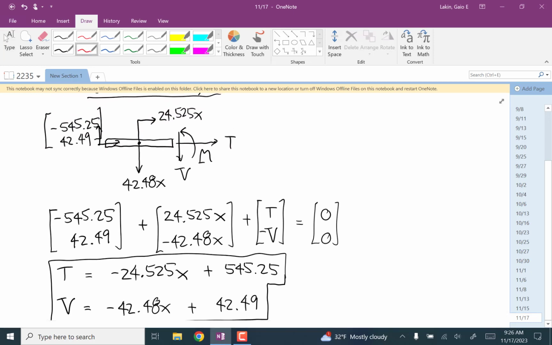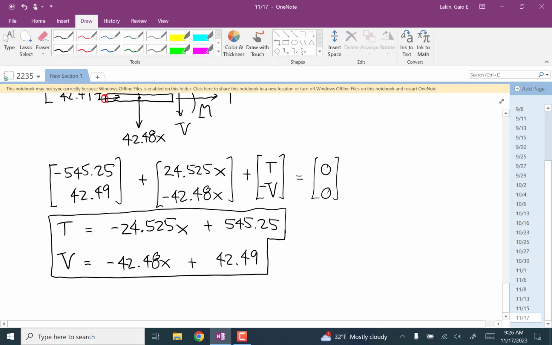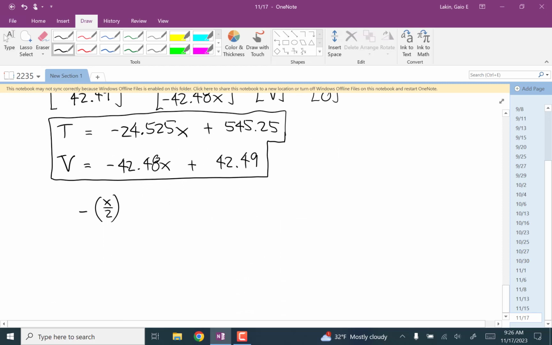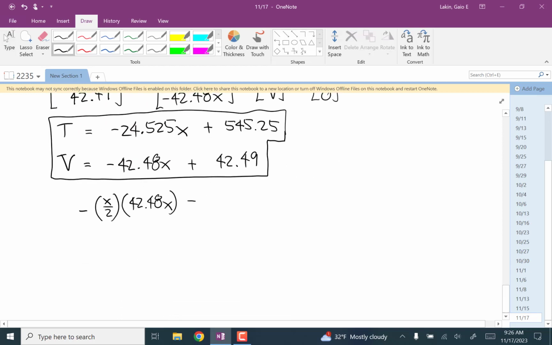And now the moments. This is my about point over here on the left end. The horizontal distributed load doesn't produce a moment. The moment arm for the vertical distributed load force is x over 2, and that's a clockwise rotation. So we have negative x over 2 times that force of 42.48x, plus M minus Vx is equal to 0.